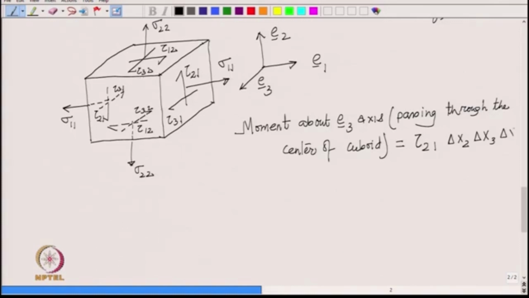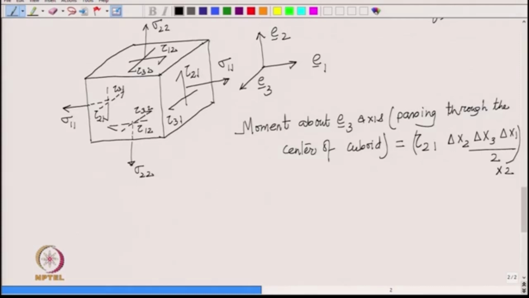Similar contribution also comes from the negative E1 plane, so the whole thing is multiplied by 2.